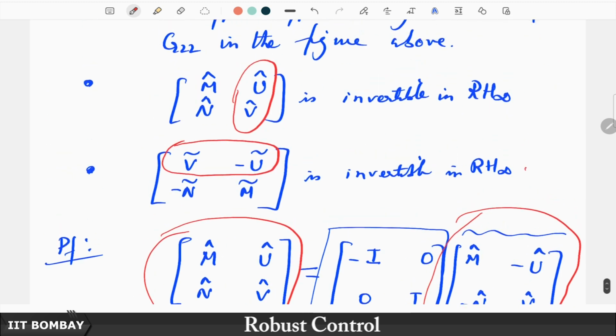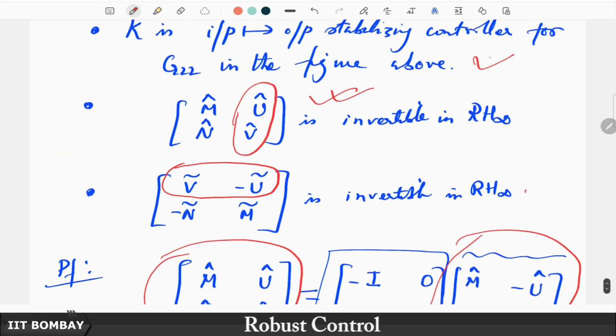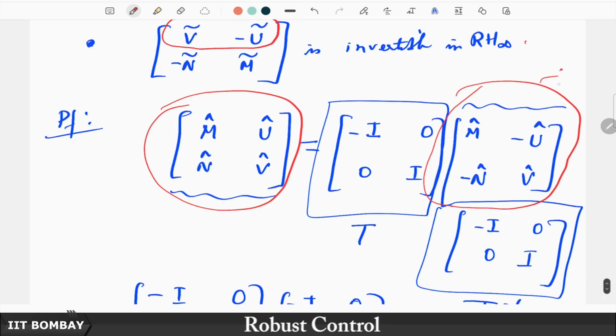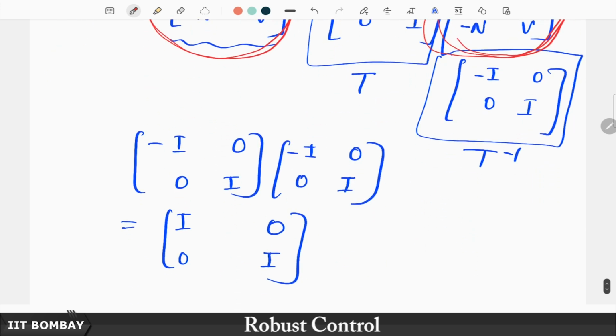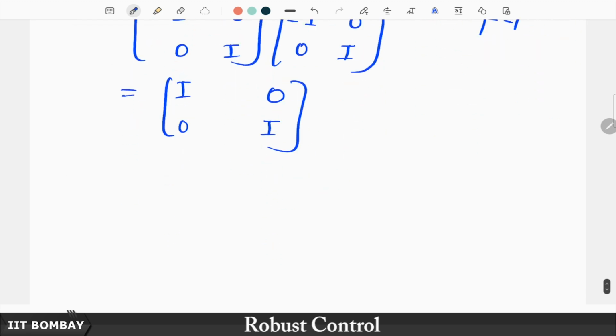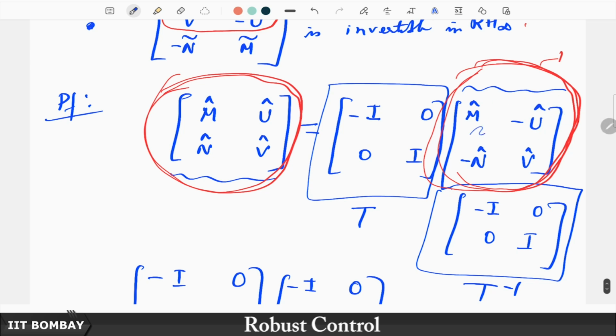So, now what we are going to say is, since we are interested in showing that this and this are equivalent, we will instead show that this statement is equivalent to the invertibility of this, because once you have shown that this is invertible, the invertibility of this is a foregone conclusion. So, that is the reason why I wanted to show you this particular relationship. Okay. So, from now on our goal is to show that provided that the first statement is true, the second statement being true is tantamount to just this fellow itself being invertible.